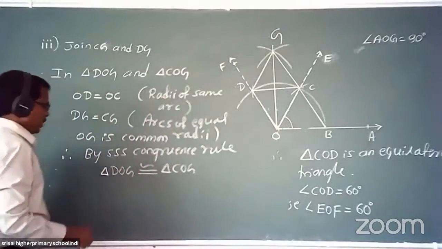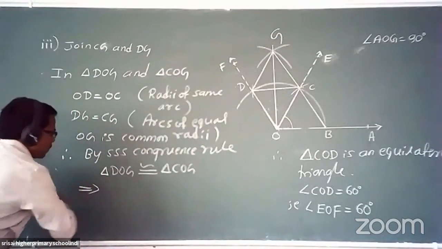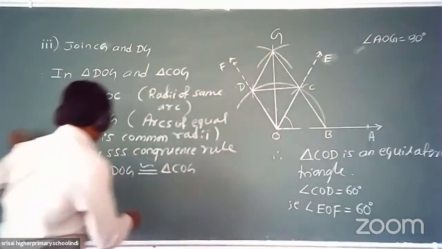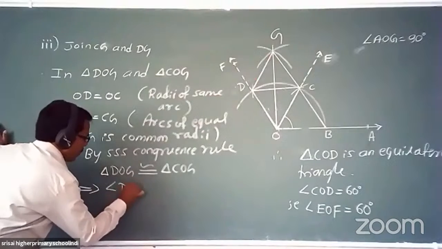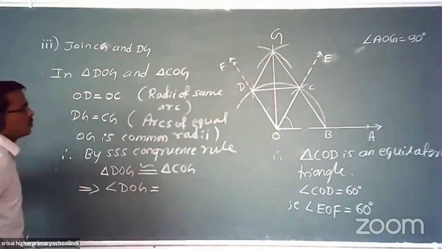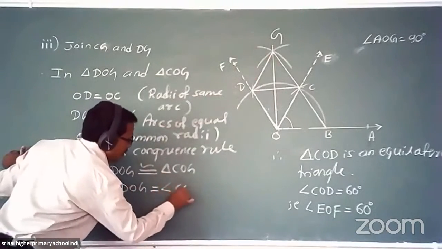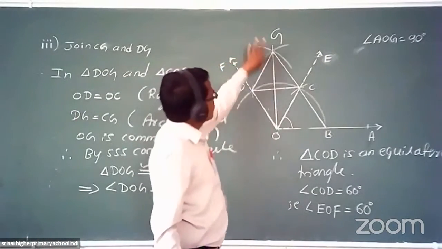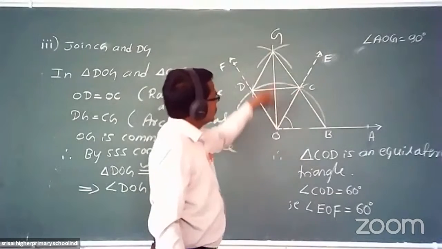If both are congruent, angle DOG is equal to angle COG.